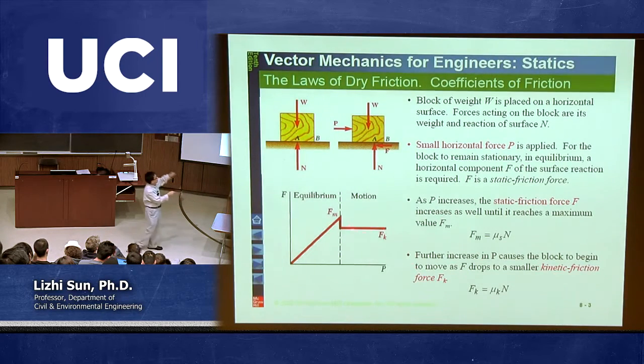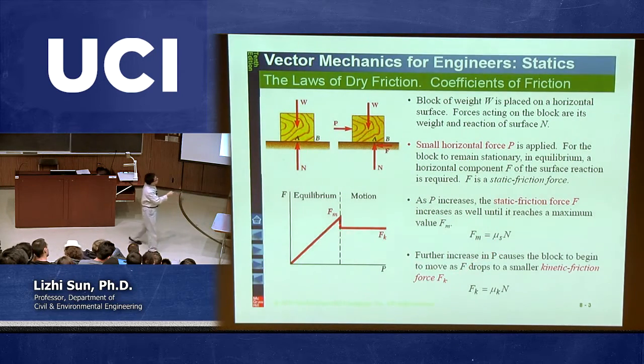Kinetic friction force will be a constant. Before its movement, the friction force resistance keeps increasing until it reaches the maximum. The maximum can be calculated with what we call the static friction coefficient, multiplied with the pressure, which is called this N, right?